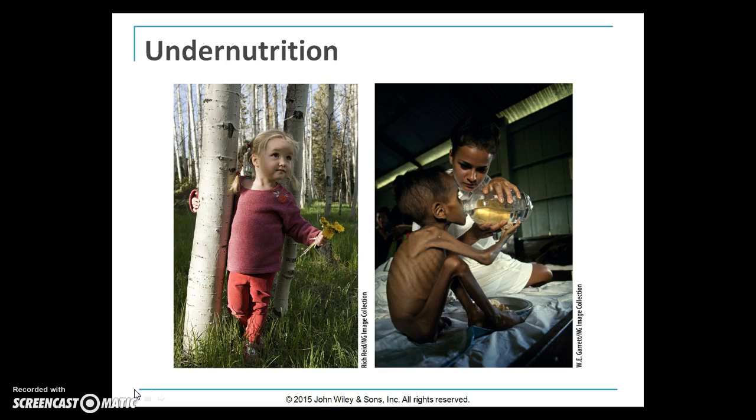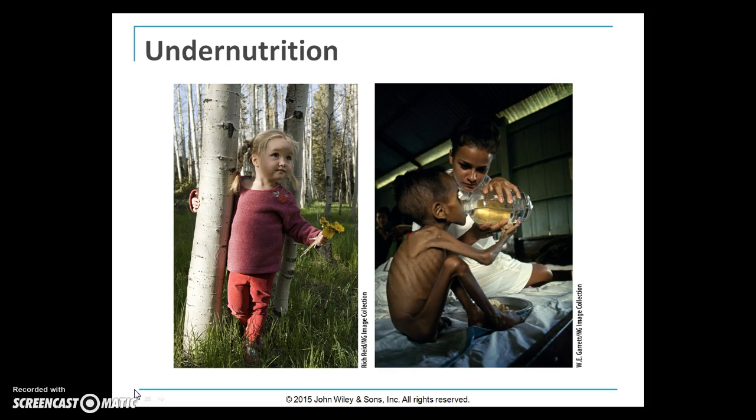So what happens is body tissues are broken down to provide the energy to support vital functions like the heart or the brain, and the results are weight loss in body fat and wasting of muscles. You can see this young child looks very skeletal-like.